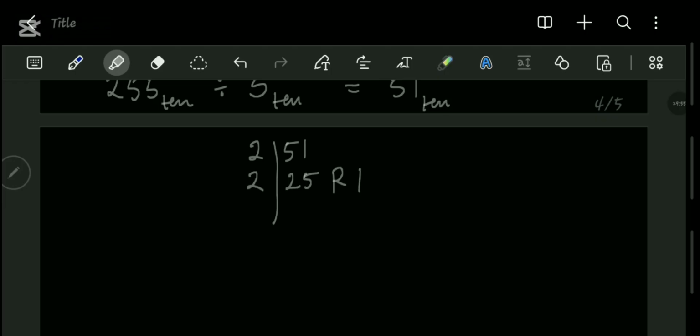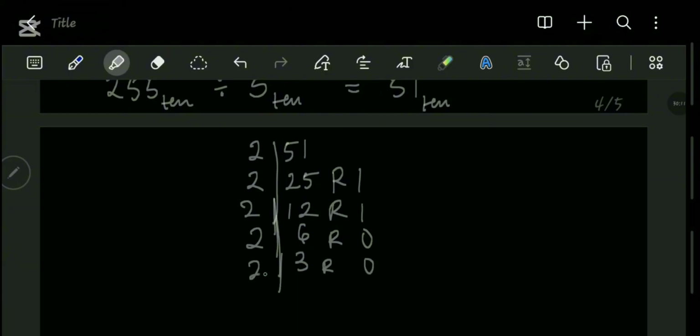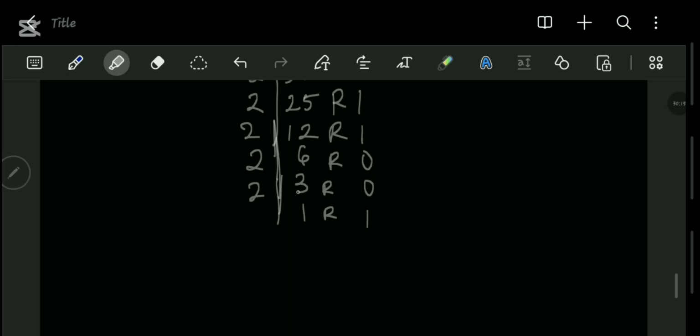2 goes in 25 is 12, remainder 1, because 2 times 12 is 24 plus 1 is 25. 2 goes in 12 is 6, remainder 0. 2 goes in 6 is 3, remainder 0. 2 goes in 3 is 1, remainder 1. And of course, 2 cannot go in 1, so we stop there.